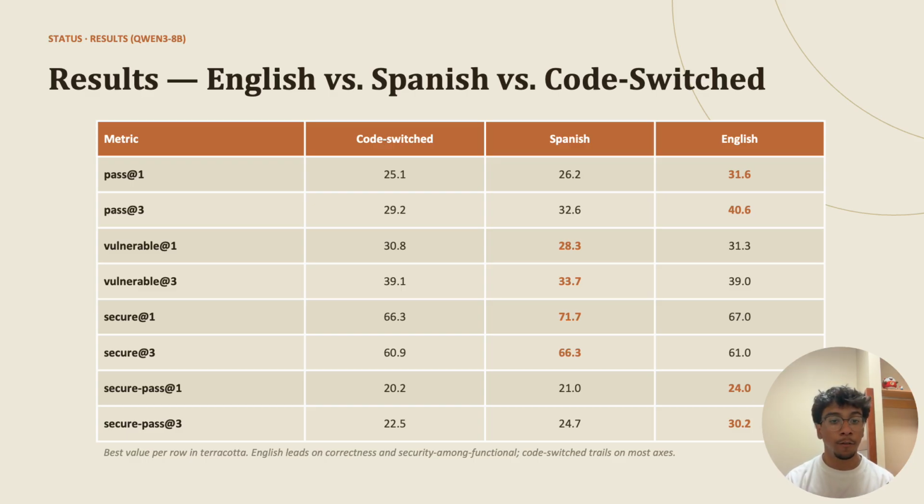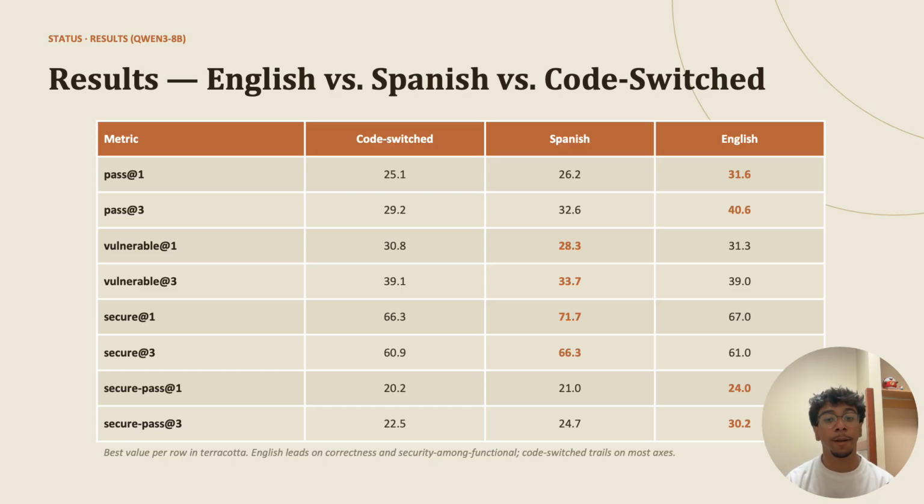For the vulnerable@k, the best performing one was actually the Spanish language. Same thing with the secure@k metrics. Spanish performed very well, but it takes a turn when we see the secure pass scores, because the Spanish pass@k scores weren't that good.